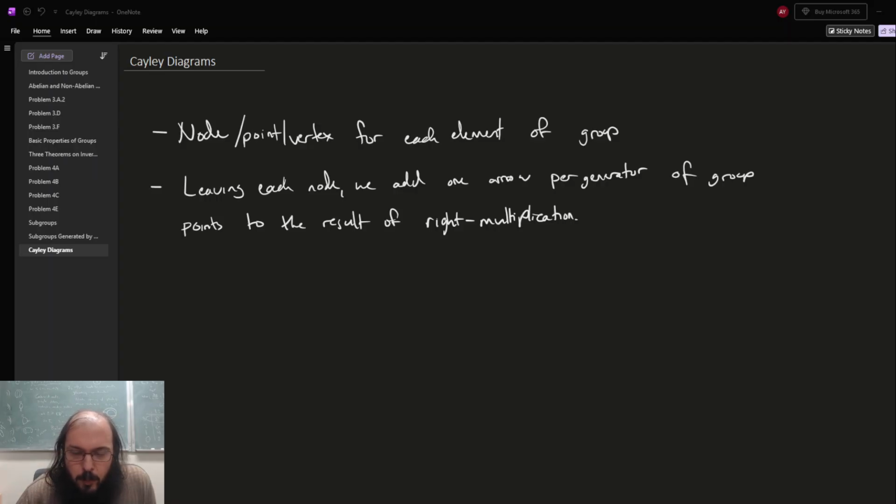Now, before we get started, I want to give a little disclaimer, which is that while the first of these examples is pretty simple, not so hard to come up with what the diagram would look like, in general it's not so easy to just know the answer when someone gives you a group and asks, what does a Cayley diagram look like?